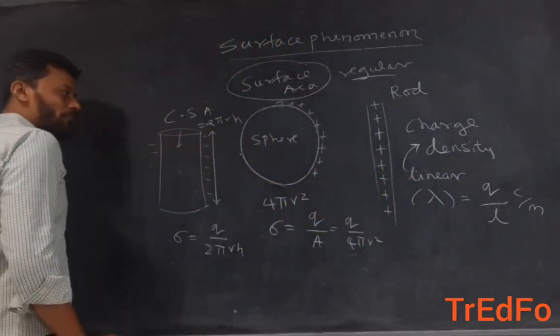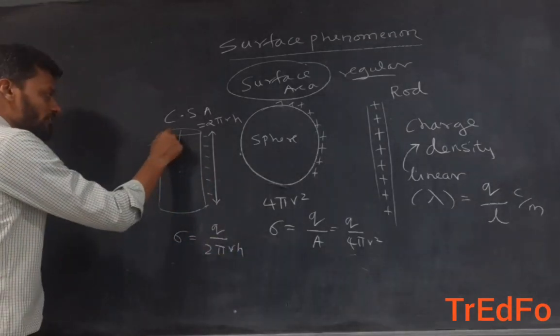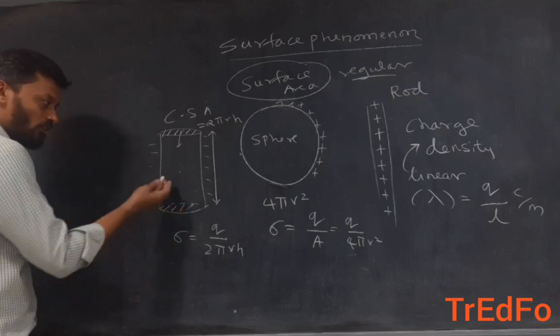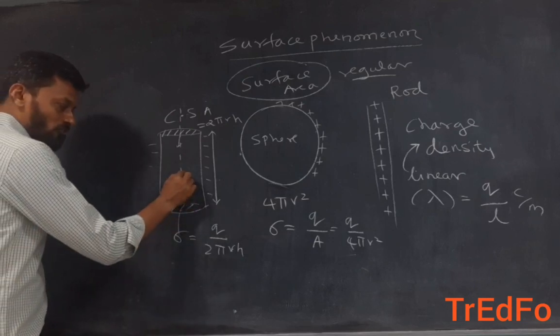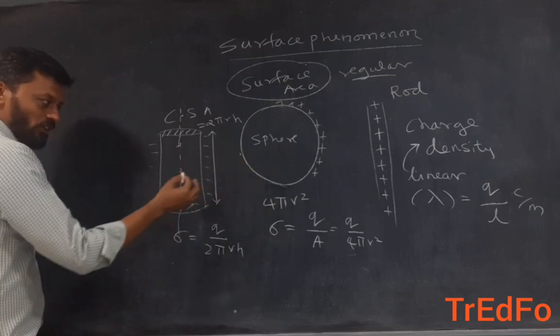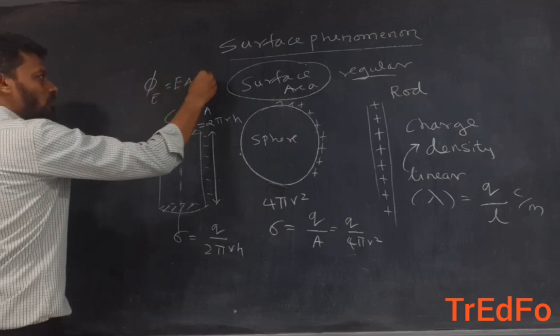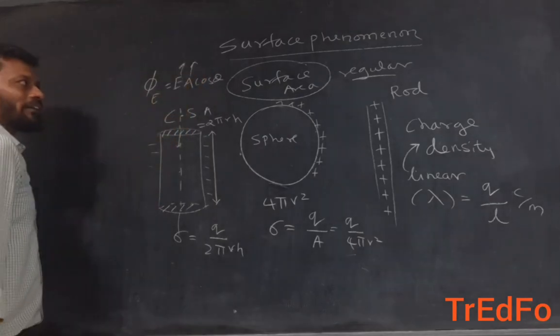Now in a cylinder, why am I talking about curved surface area? We don't take the plane surfaces because of the axis being like this. For electric flux, phi e equals E A cos theta, where theta is the angle between the electric field and the area.